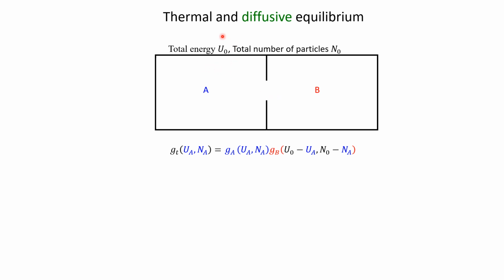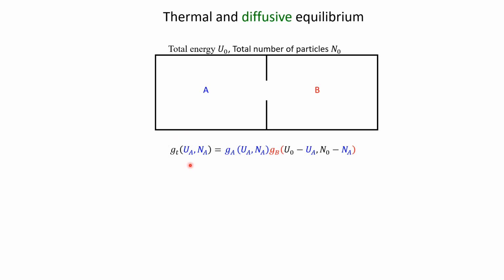In the same way that the total energy is conserved, the total number of particles is also conserved, because particles can go from A to B or from B to A, but they do not leave the total system. Now we can also build the multiplicity of the total system, which is now a function of two variables, UA and NA.